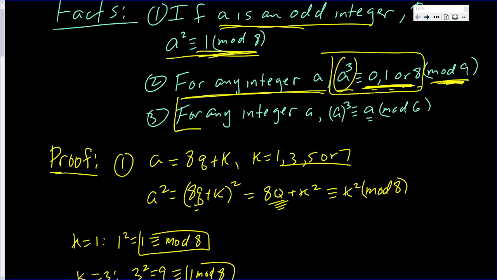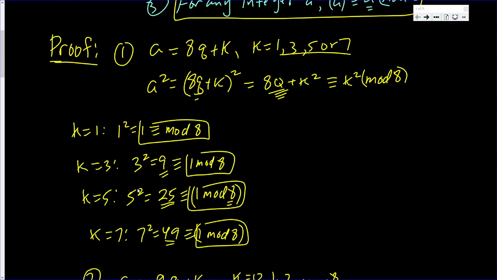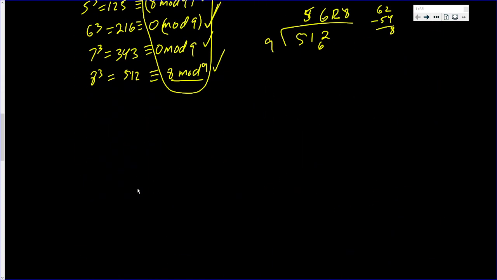Now, I want to show that for any integer, a cubed is congruent to a mod 6. I want to show a cubed is congruent to a mod 6, where a is any integer. Okay, so mod 6, of course. So a is either 6q or 6q plus 1, 6q plus 2, all the way up to 6q plus 5.